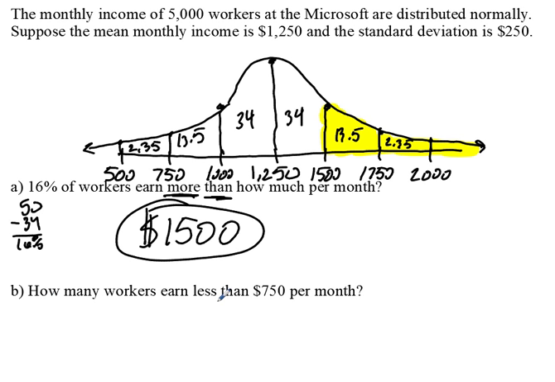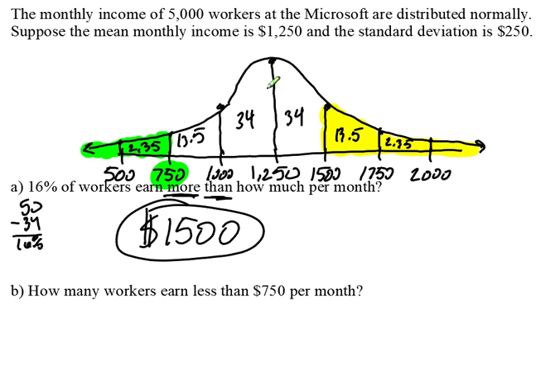How many workers earn less than $750 per month? That percentage is starting right here at 750. And we want to know less than. So what percentage of the data is this?